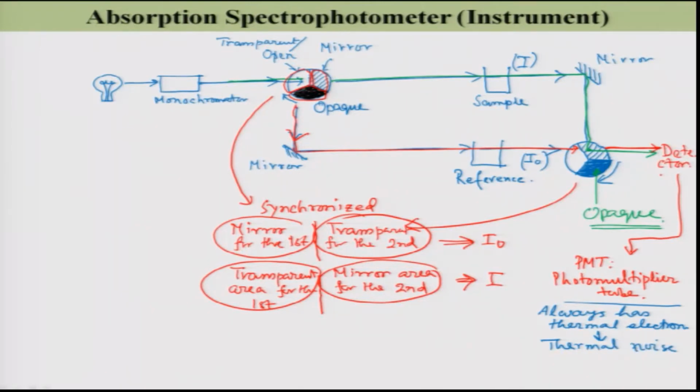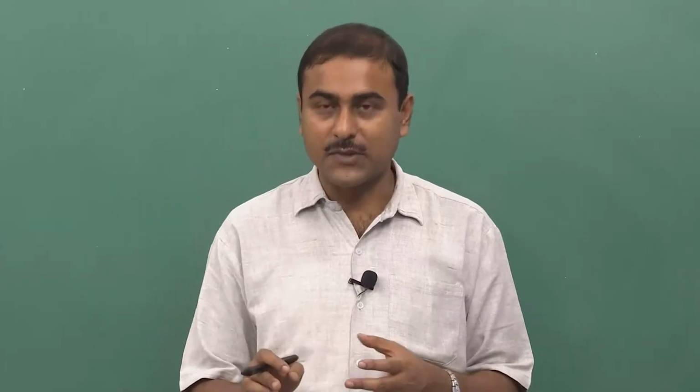Now, if you cool it down, let us say you put the whole system in liquid nitrogen at 77 Kelvin, the number of thermal electrons will be much smaller, and there will not be much count from the PMT, but that is expensive.